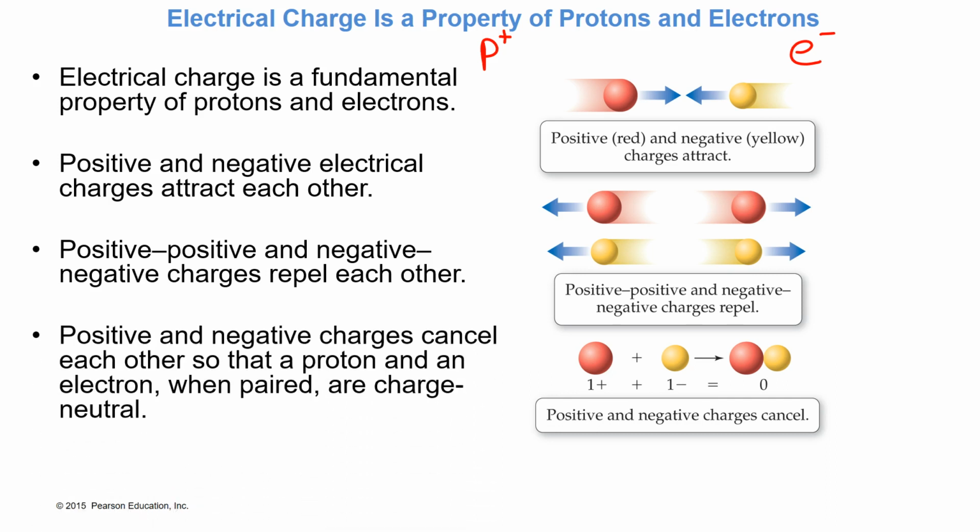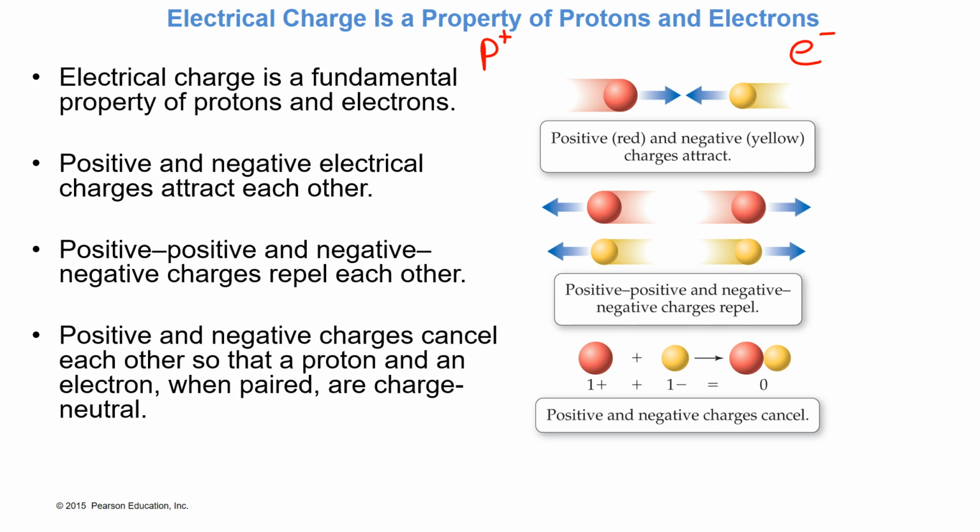Now, we are going to talk about the mass of these things again. Remember, a proton is much larger and much more massive than an electron, but as far as charge is concerned, a singular proton has a positive charge of 1, magnitude 1. Electron has a negative charge of 1, magnitude 1.